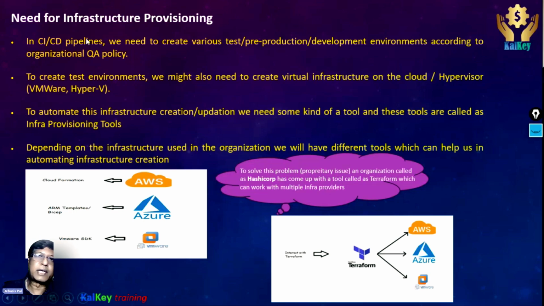So your product has to pass through test, pre-production, and development environments, and only if it qualifies and passes the quality assurance policies will it then be provisioned over the production.